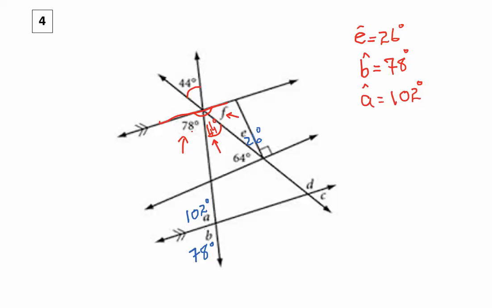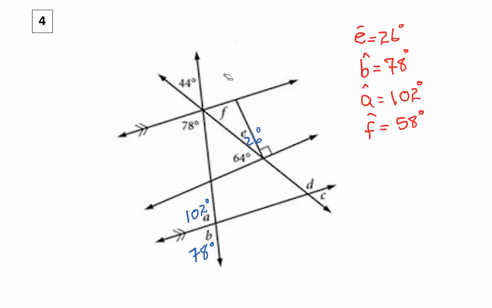Now 78 plus 44 should give me 122 degrees. And if I take 180 degrees for the straight angle, and I subtract my 122 degrees, then angle F is going to equal 58 degrees.